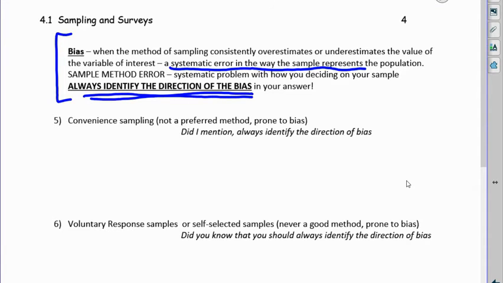So, for example, if I was interested in study habits of North Country students, and if the library was actually open, and I went down to the library and I asked the students in the library about how long they study on average in school, that would be what's called a convenience sample.